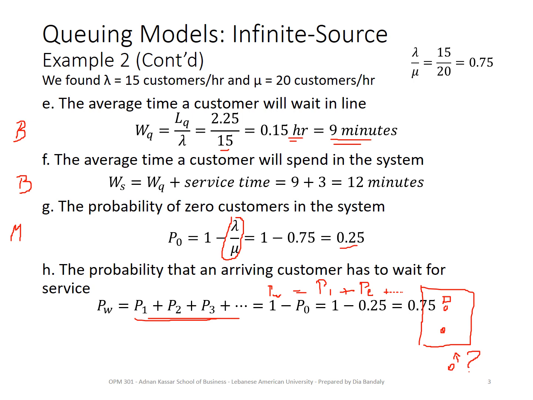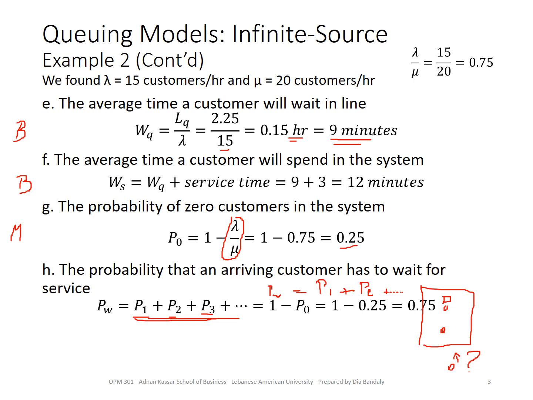However, it would be really time consuming to find all these probabilities. Instead, look, what's still remaining? P1 is the case when I have one person, then 2 persons, 3 persons, etc. The only remaining case is when I don't have anyone.